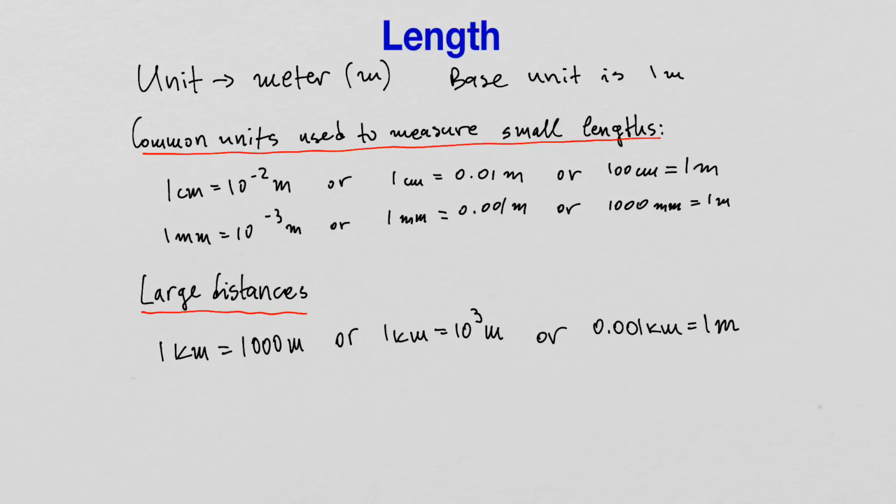Well, sometimes it is necessary to do a conversion between denominations of the same unit for the purposes of solving a problem. So for example, let's say we have the length of something measured in centimeters, but for the purposes of calculation, we need that length in meters or in millimeters.